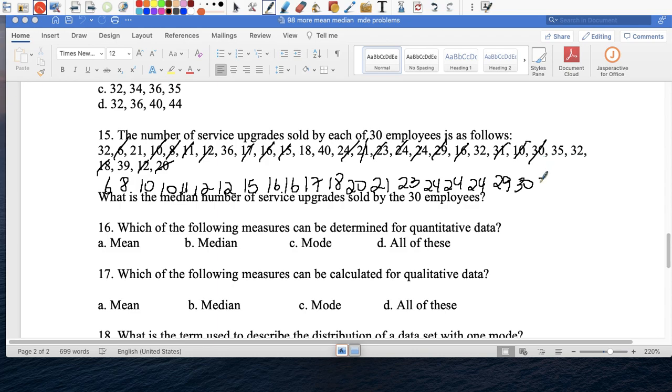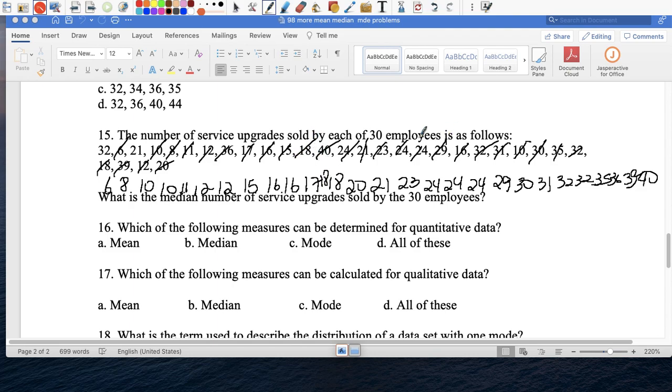A 31. A 32 twice. 35, 36 over here, 39, geez, and a 40, and then I have to add an extra 18 here. So I'm going to put an 18 over here.